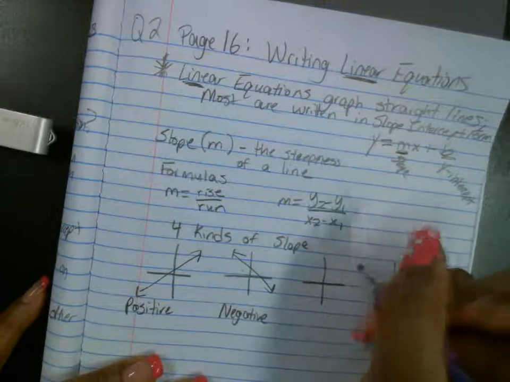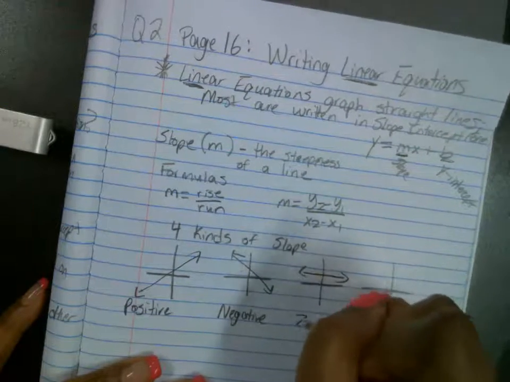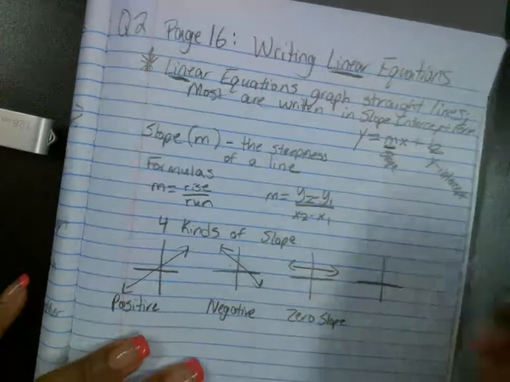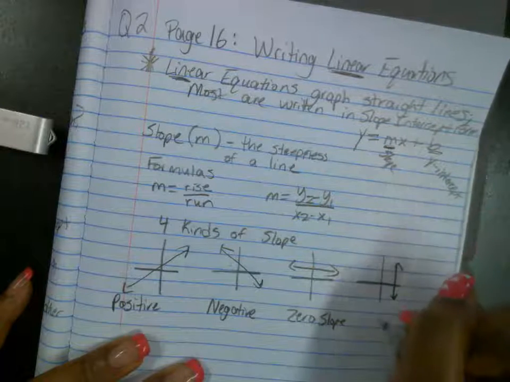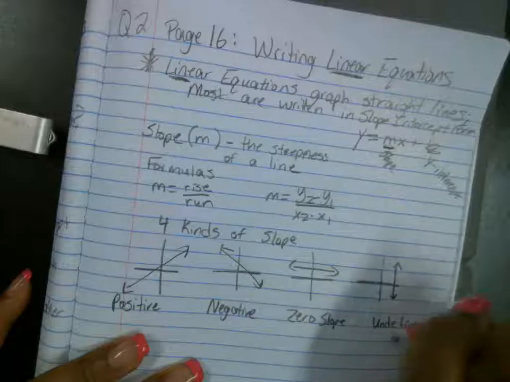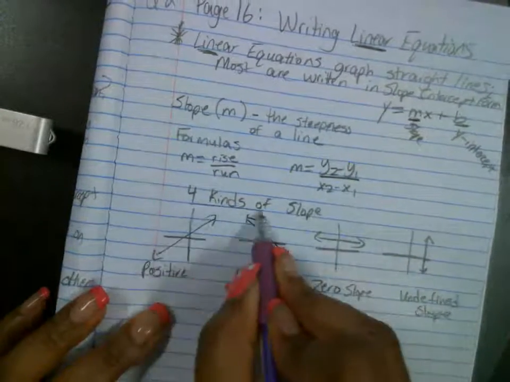And then what kind of slope is a flat line? Zero slope. And what kind of slope is a line that just goes straight up and down? Undefined slope.